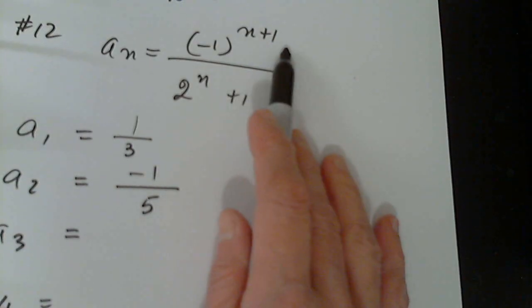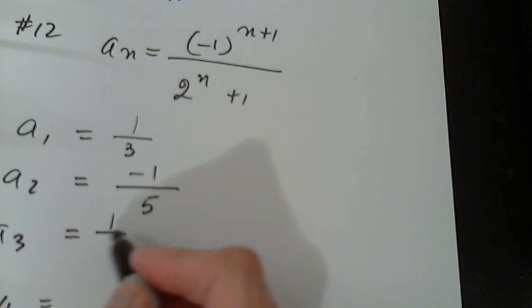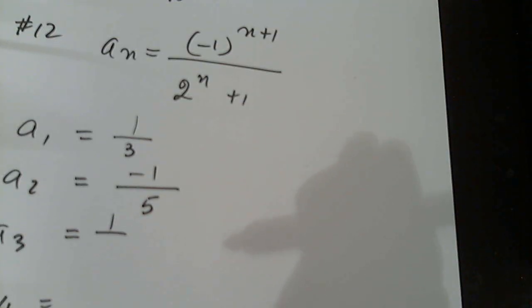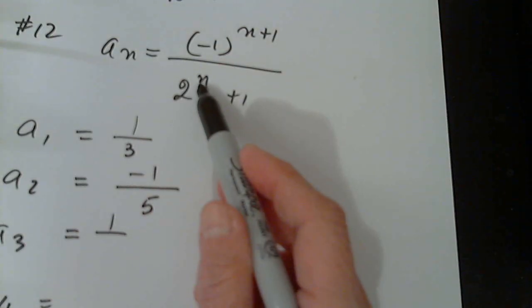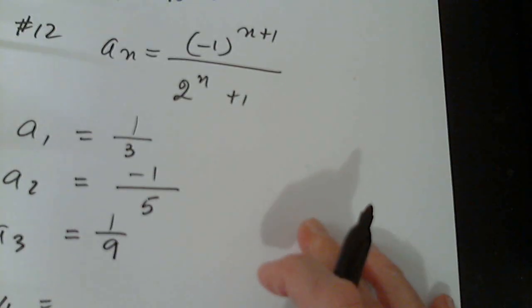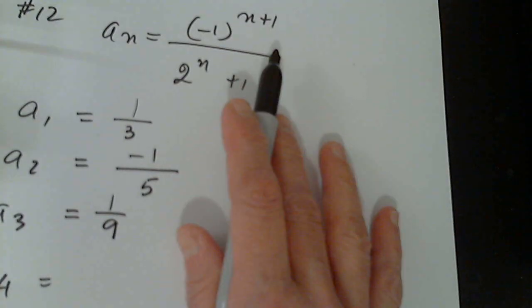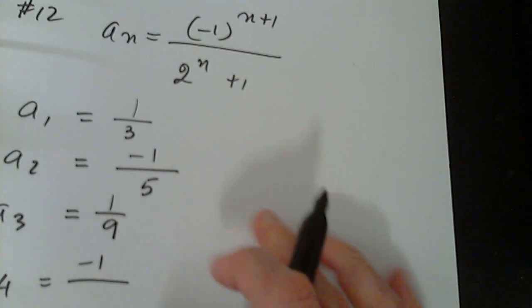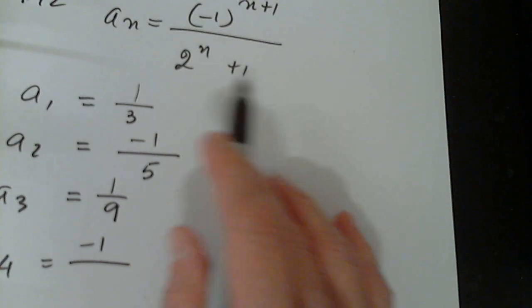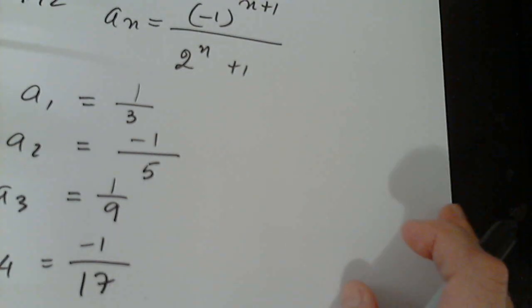N is 3. 3 plus 1 is 4, but negative 1 to the 4th power is positive 1. 2 to the third is 8. 8 plus 1 is 9. N is 4. 4 plus 1 is 5. So the numerator is negative 1. 2 to the 4th is 16. 16 plus 1 is 17.